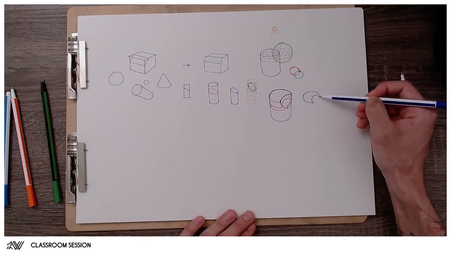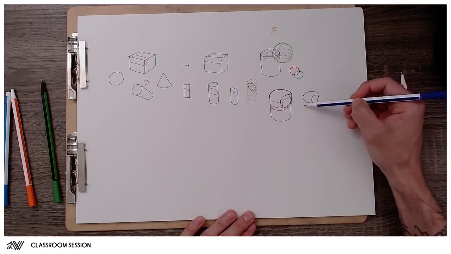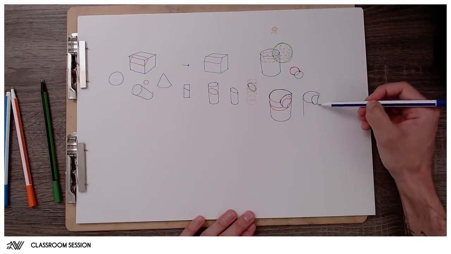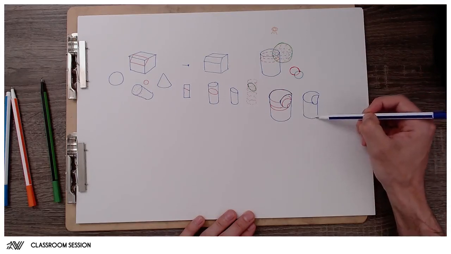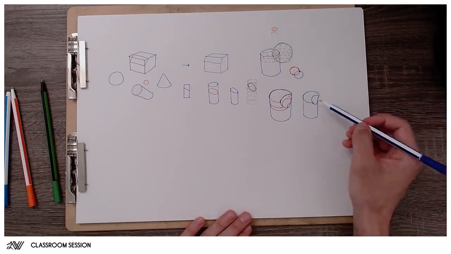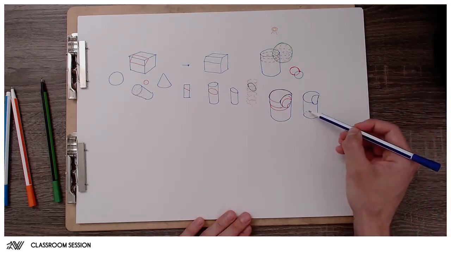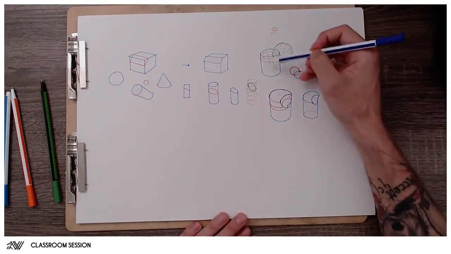Again, this is definitely not easy to do. But once you understand those principles a little bit better, it'll become easier. Right? So this is how that sphere can affect that cylinder.